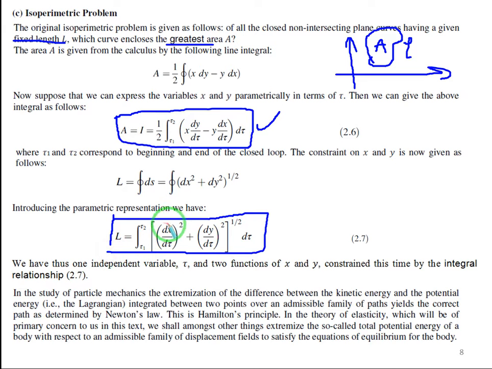We can say dx equals dx over d tau multiplied by d tau, and the same for dy, and this is our integral constraint.